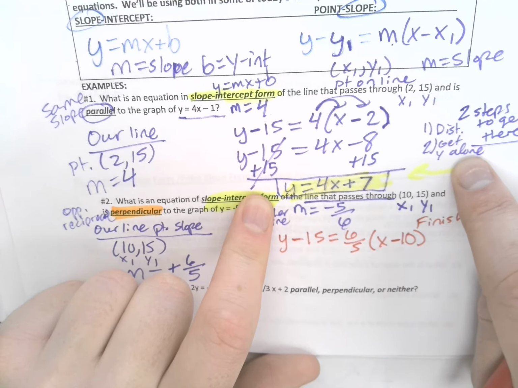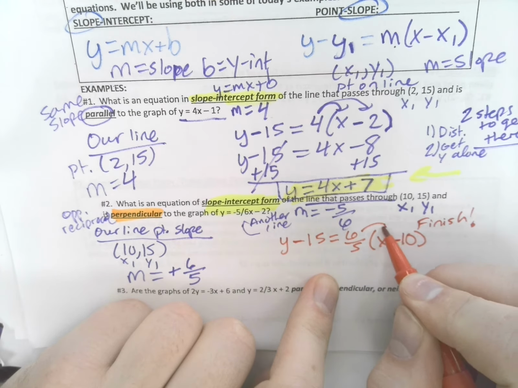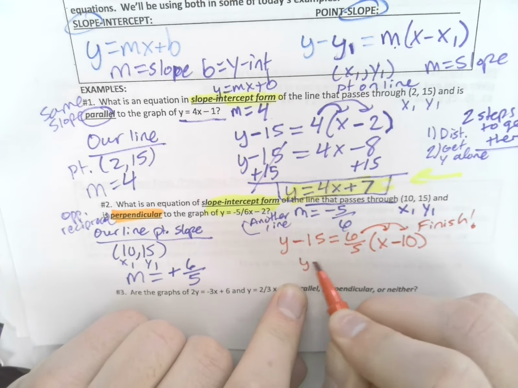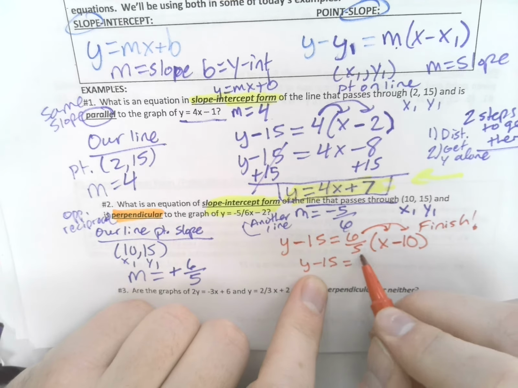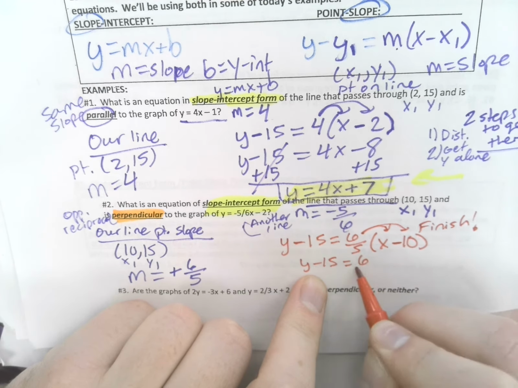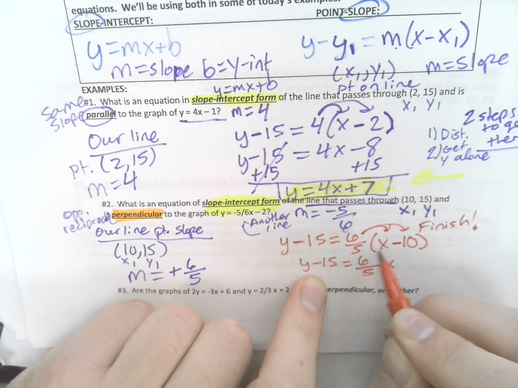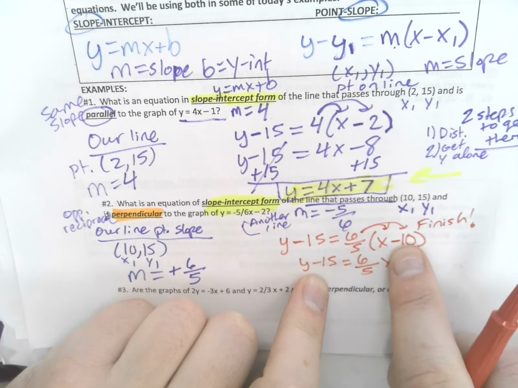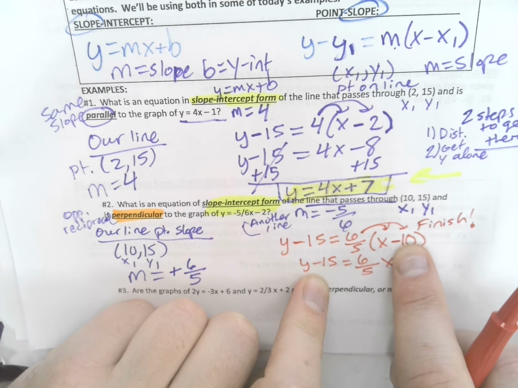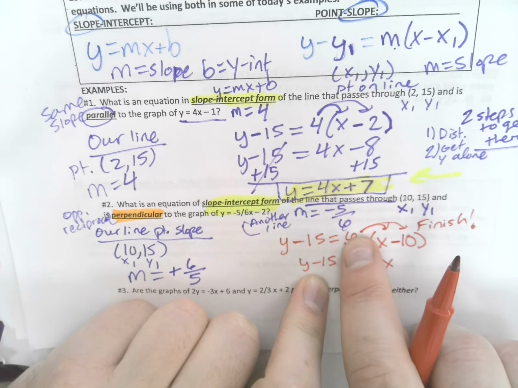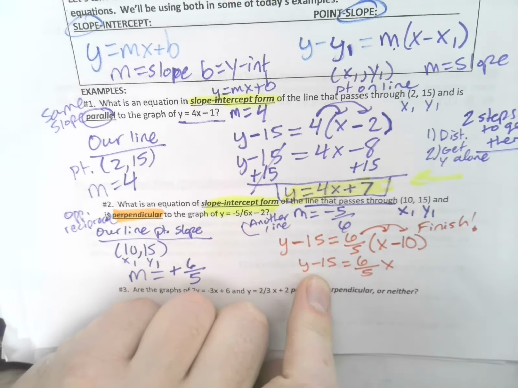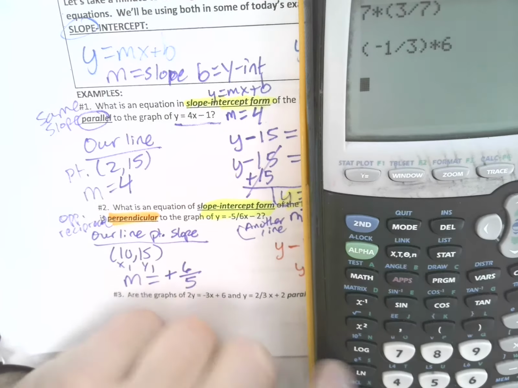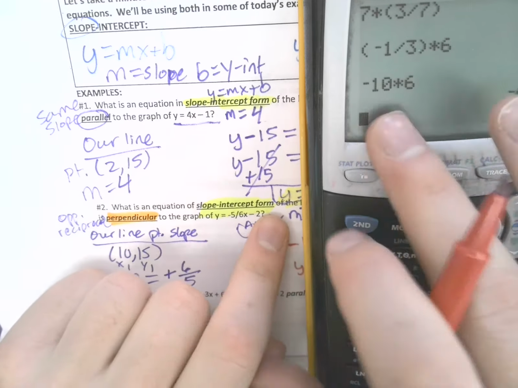Distribute and get y alone. Okay, so we'll distribute first. So y minus 15 equals 6 over 5 times x, which will just be 6 over 5x. And then 6 over 5 times negative 10, remember, that negative 10 is multiplied to 6. What's negative 10 times 6?